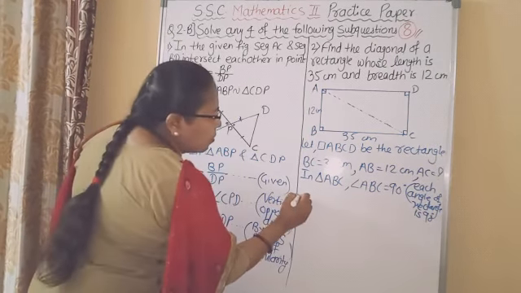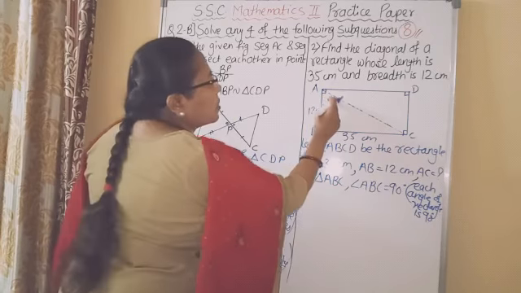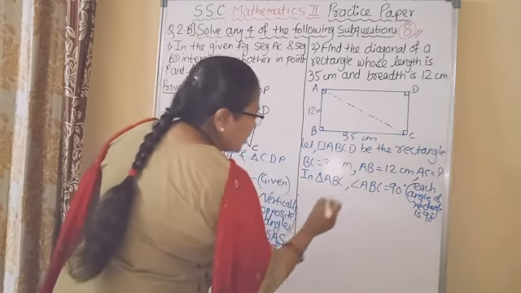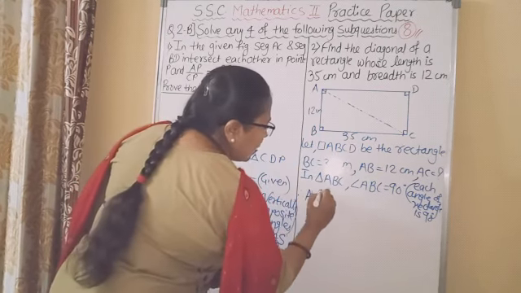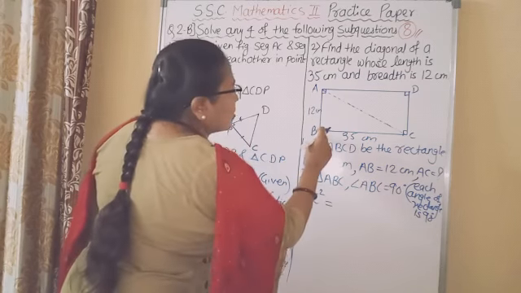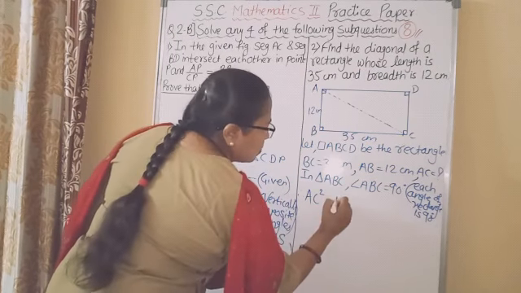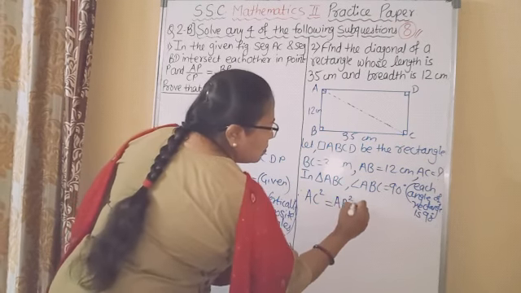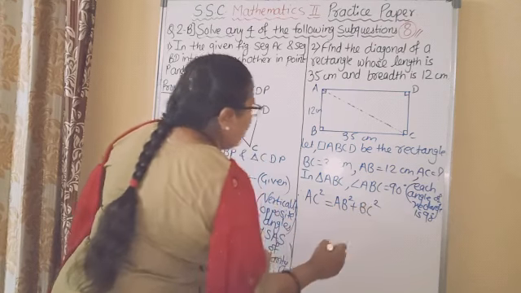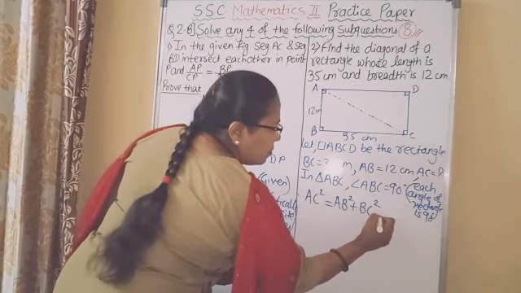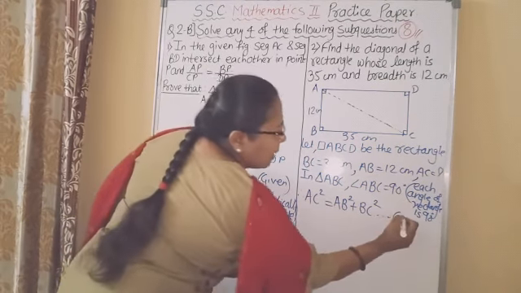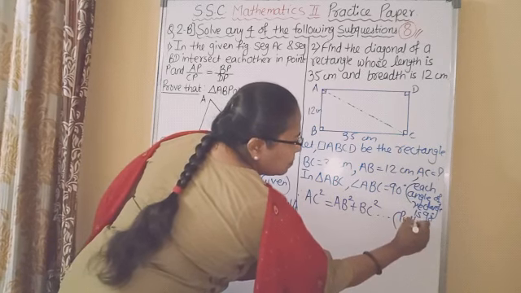So apply Pythagoras theorem. Hypotenuse square equal to, so AC square equal to AB square plus BC square. Write reason, Pythagoras theorem.